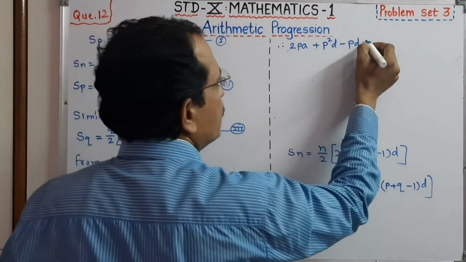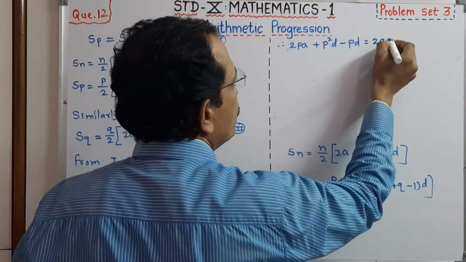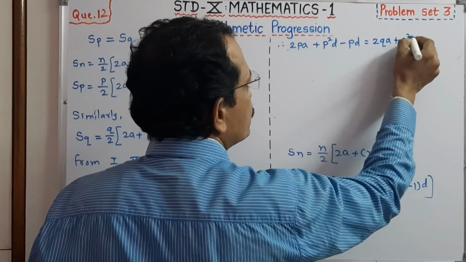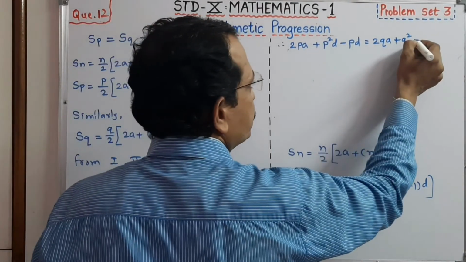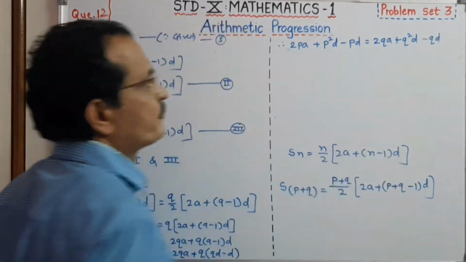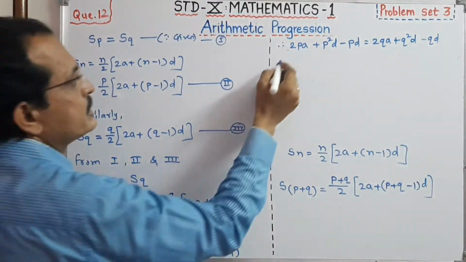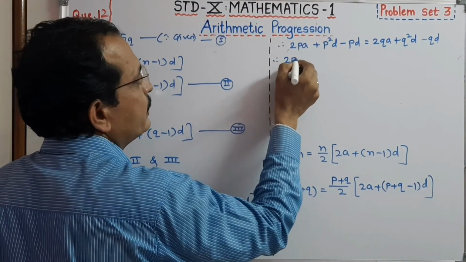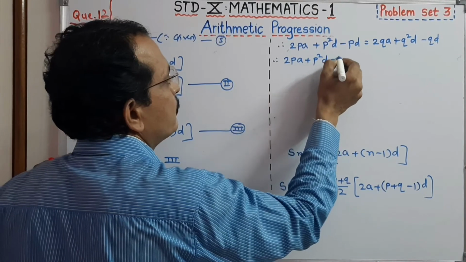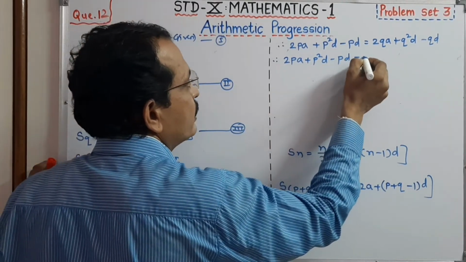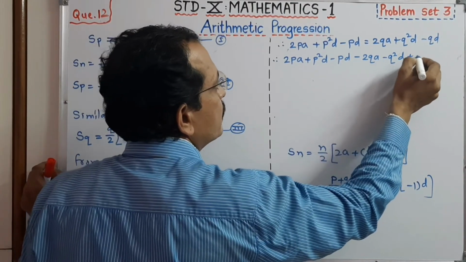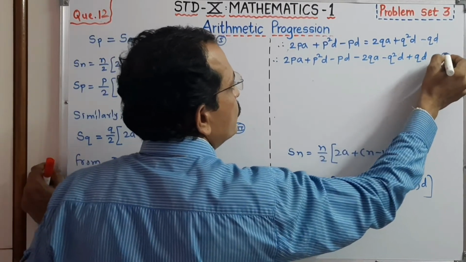Same thing here, minus 2qa plus q square into d and minus qd. Got it? Now see here, 2pa plus p square d minus pd minus 2qa minus q square d plus qd is equal to 0.